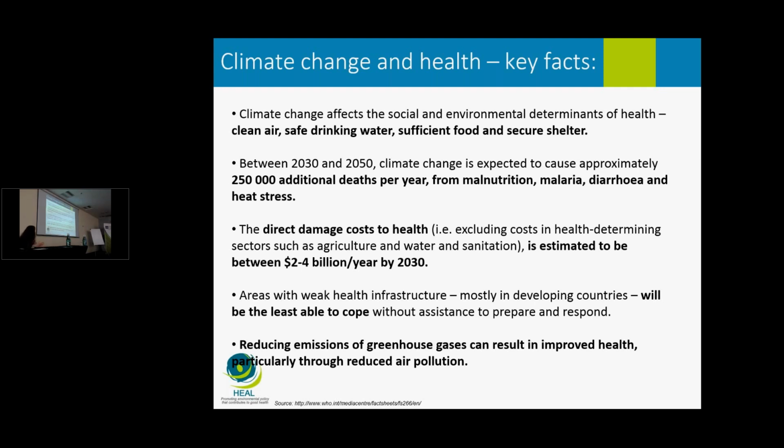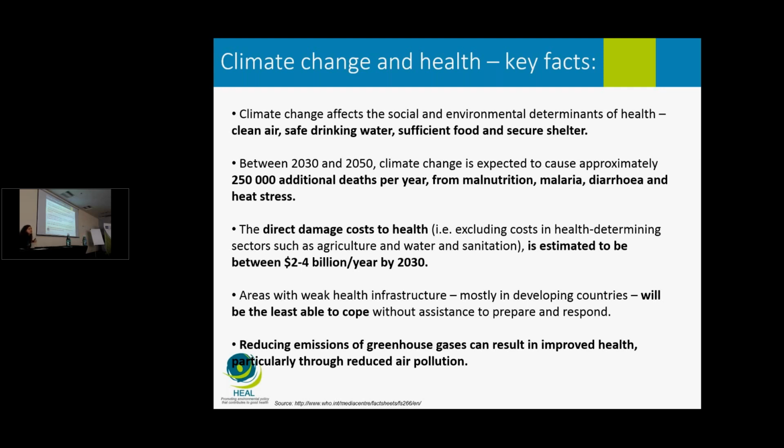So climate change affects social and environmental determinants of health, like clean, safe drinking water, sufficient food production, or secure shelter. There is also a huge range of mental illnesses and diseases connected with these social determinants of health.